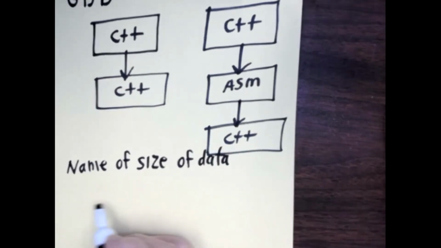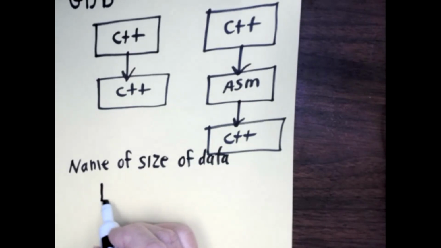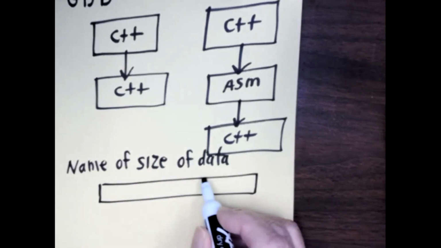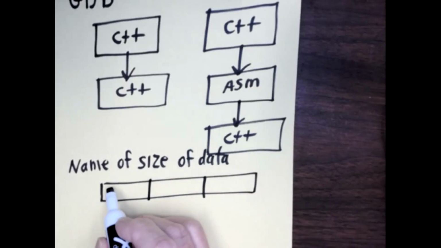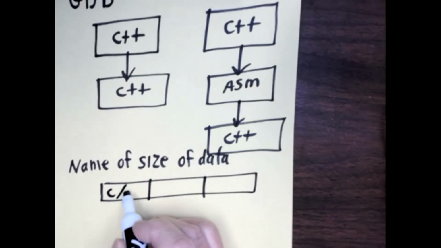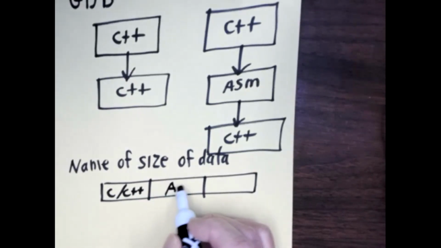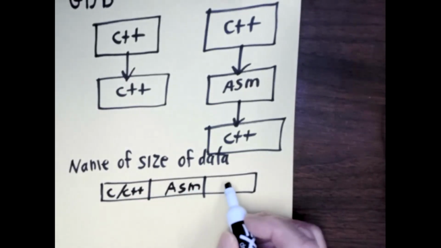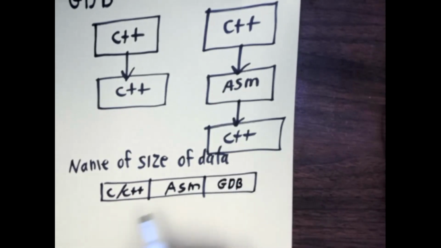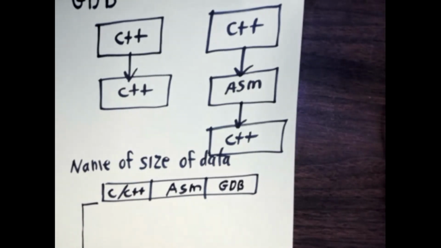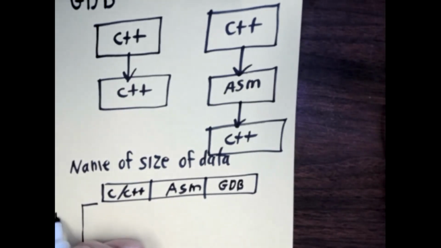Okay, so I'm going to make a little table here. Across the top, it says C and C++. In the middle, it says assembly. Over here, it says GDB. And then down this side, it says 1 byte.